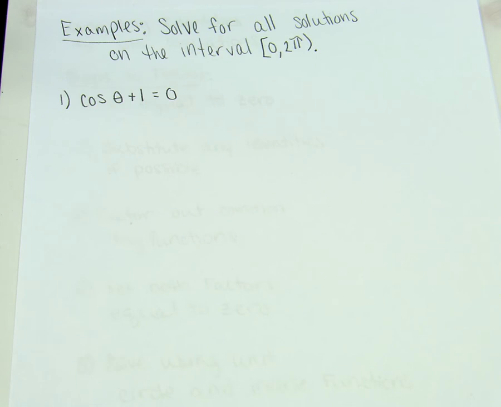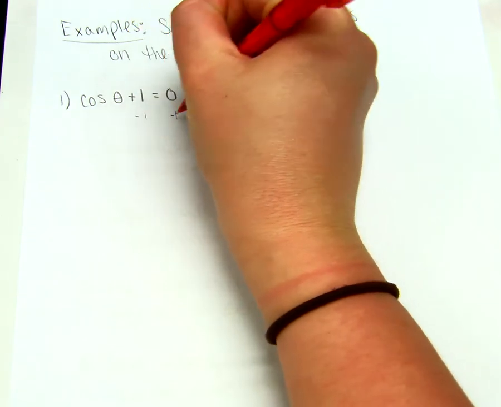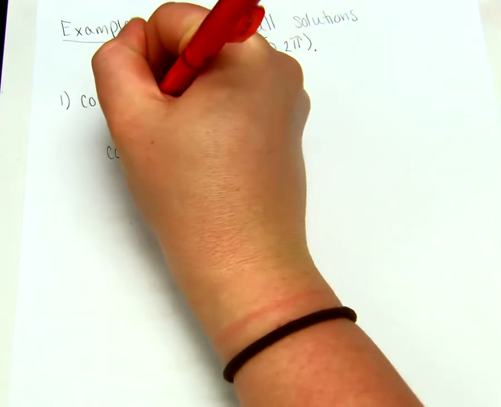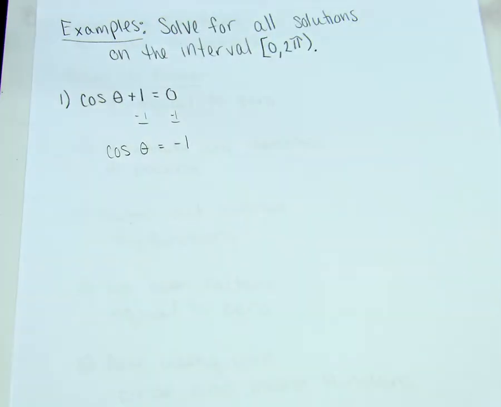So I have my equation already set equal to 0. Now I want to get cosine theta by itself. That's always your goal, is to get that trig function by itself once you have everything set equal to 0. And you can't factor that, so I'd have to subtract 1 on both sides. So I get cosine theta is equal to -1.